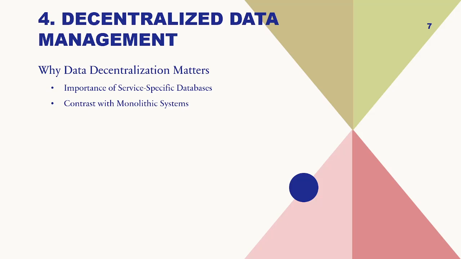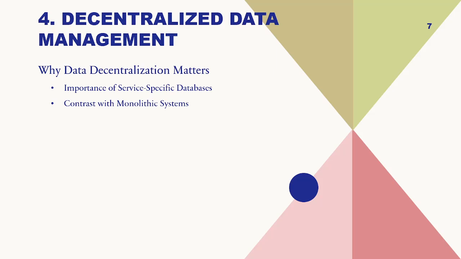Importance of service-specific databases. In microservice setups, each service has its own database, ensuring independence and reducing cross-service dependency. By managing data locally, each service can optimize storage and performance for its specific needs.